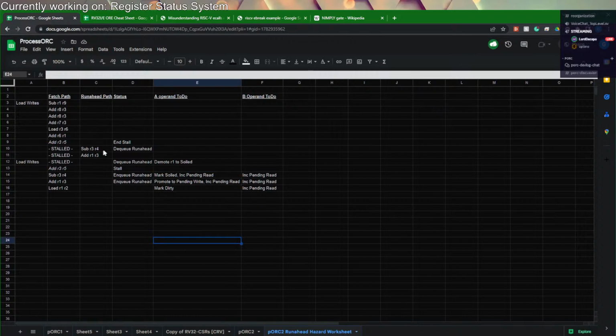If we make it dirty, it's not going to be able to DQ from here. And this demote to clean. Yeah, because now it's going to be soiled to clean.